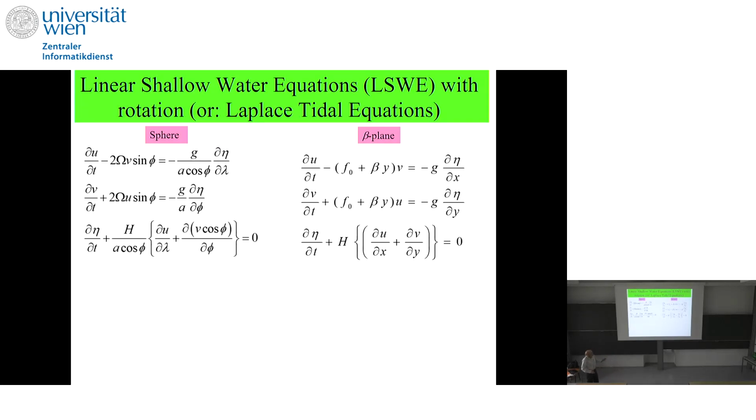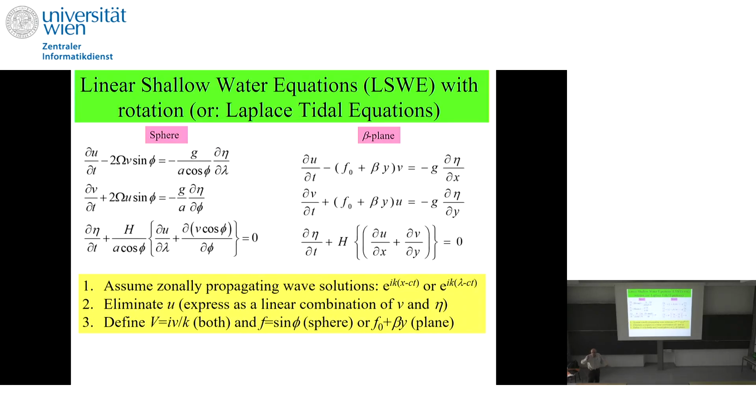So what we do to both of them, and again, if you read 1,000 pages of Pedlosky, maybe 999 pages are in this setup. And you read Vallis, it's again the same thing. So we do the same thing to both systems. We assume propagating wave solutions in the horizontal, along a latitude circle, along y equals constant.